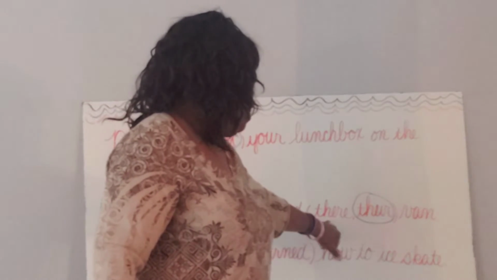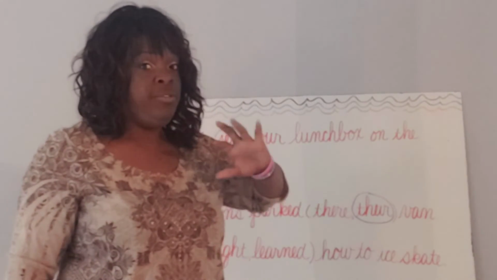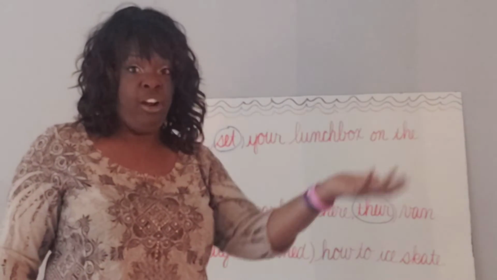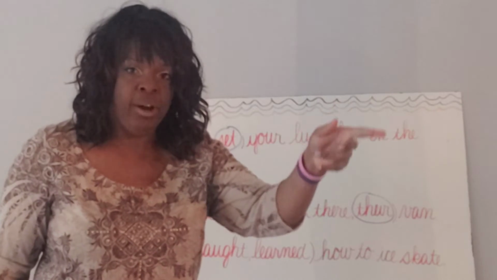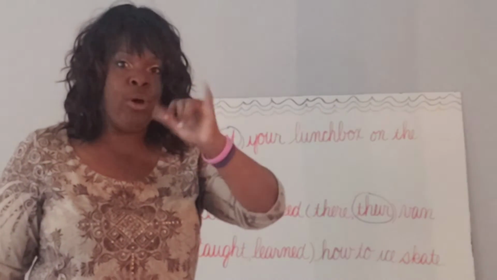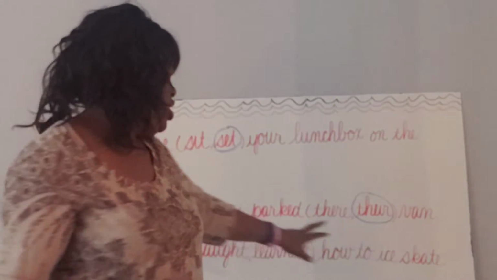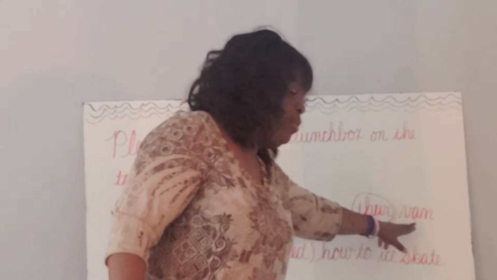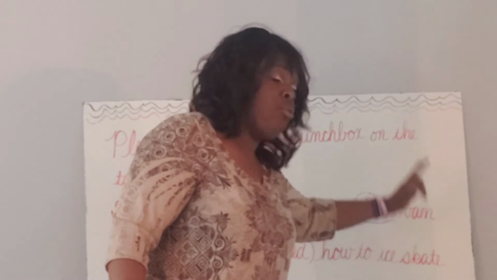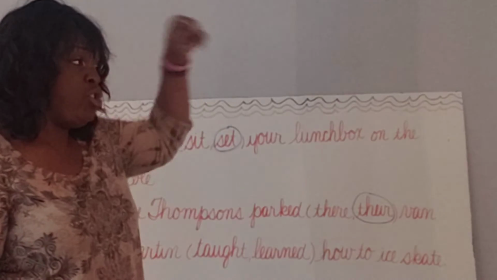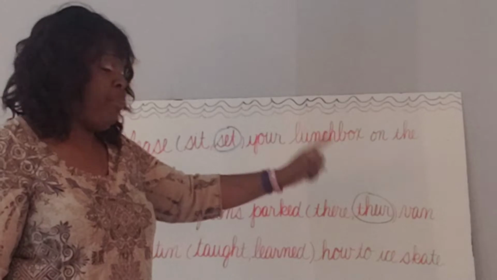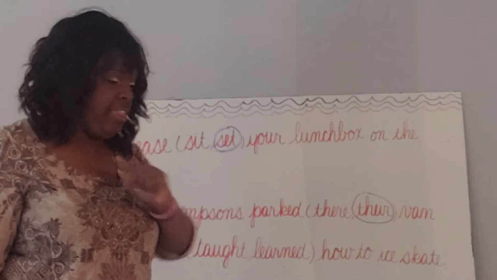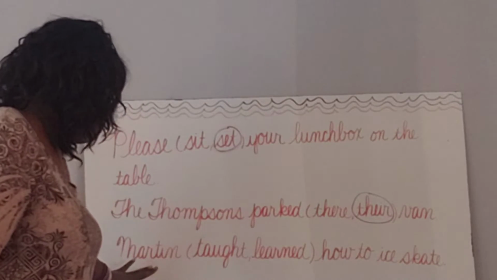If it was there, it would be, the Thompsons parked there. They parked over there. Where? There. Okay. So where is THERE. With ownership of what they own, that's THEIR. So there should be a noun right after what they own if that's the proper their. Okay. So think that carefully through.